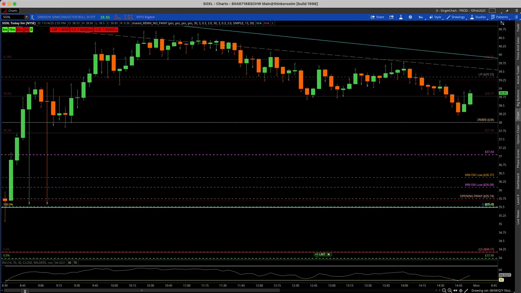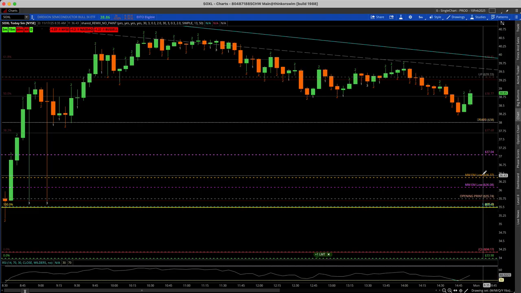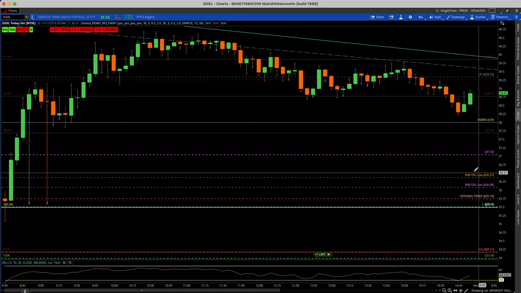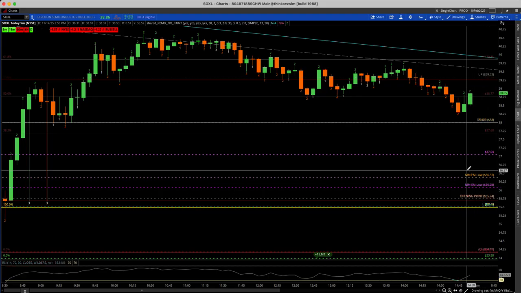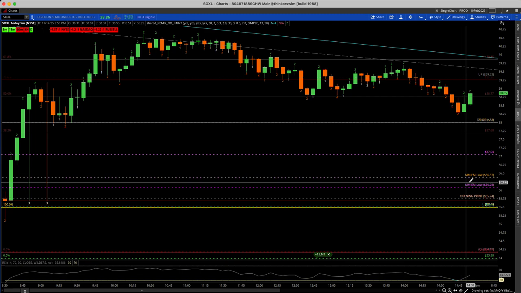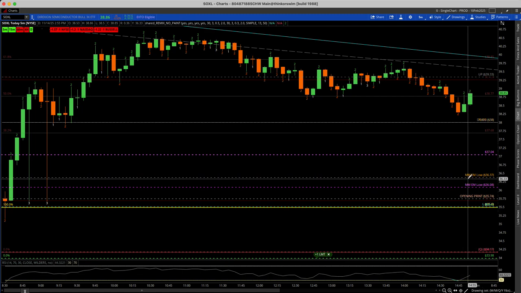So these levels of support that we're talking about are the market maker's expected move low for the day and the week. They coincide with about the same level here around the $36 level. Again, the market maker's expected moves are not an end-all be-all, so the price doesn't have to reject or bounce or whatever when it gets to that level.